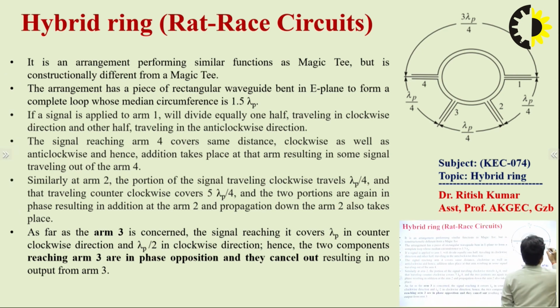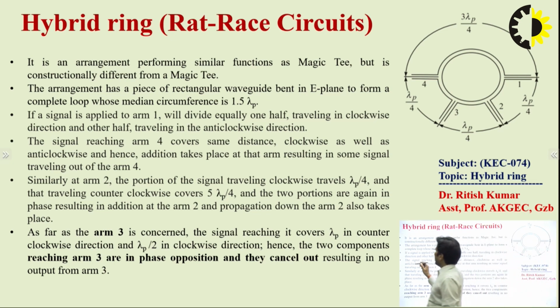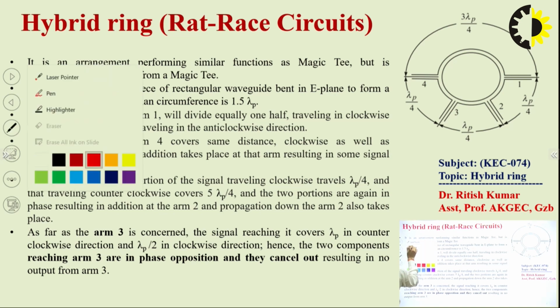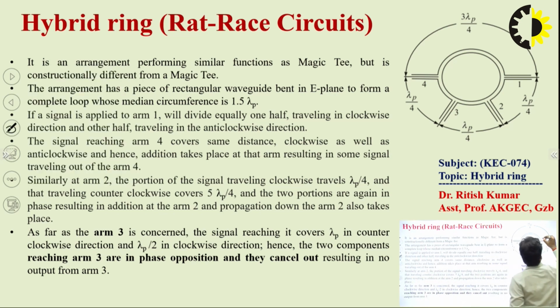Here lambda p is the guided wavelength, because this is nothing but a circular waveguide. Suppose we apply the RF source at port number 1. We will have two paths at this junction point: the power is split in two directions, one anti-clockwise and the other clockwise.